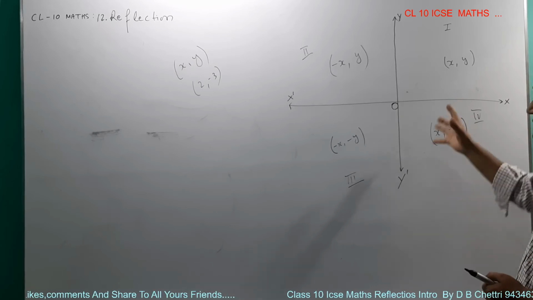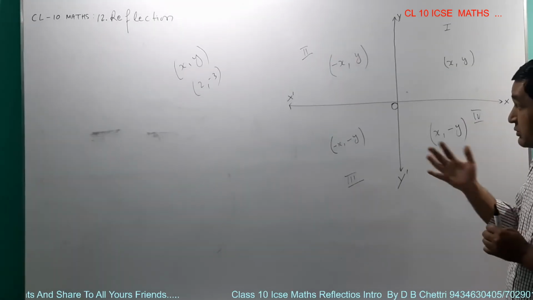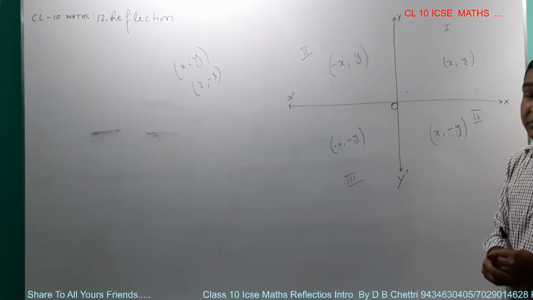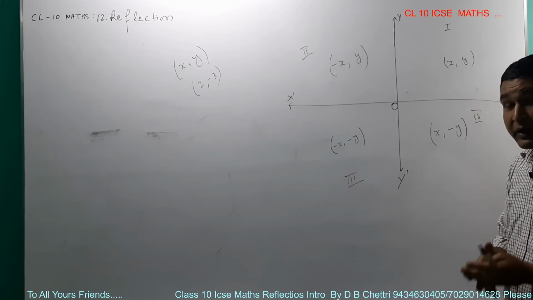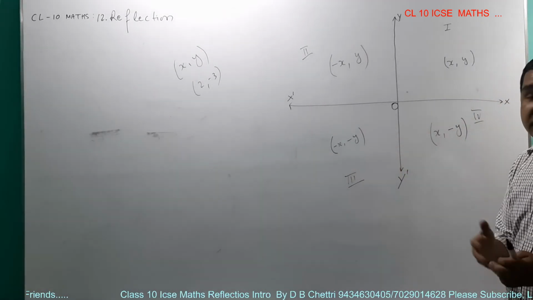Please remember this while writing the coordinate of the image. It helps you write the answer very fast. Otherwise you have to draw the graph every time, plot the points, then find the image, and that takes lots of time.